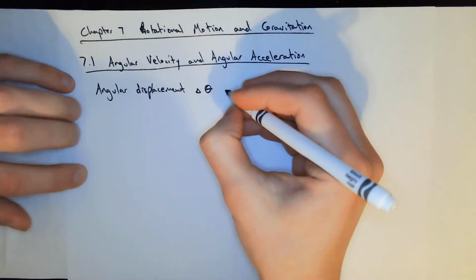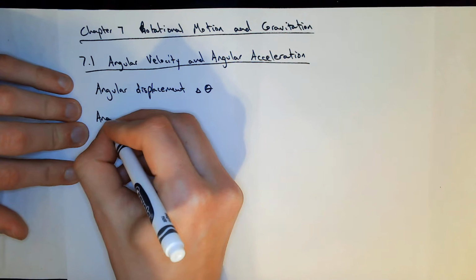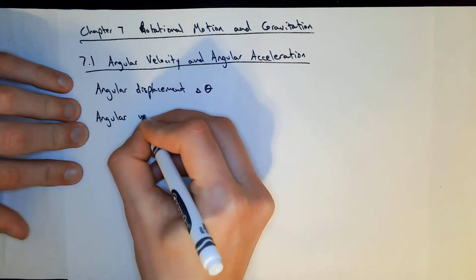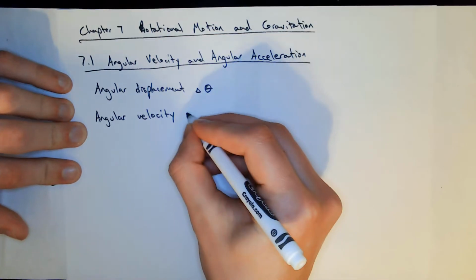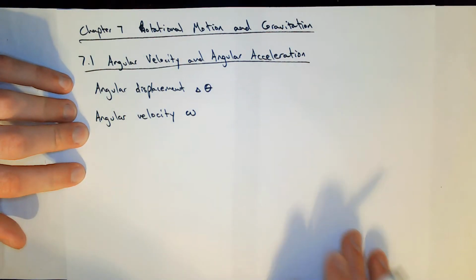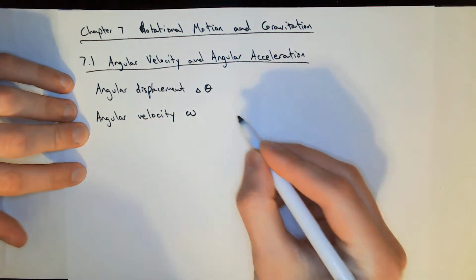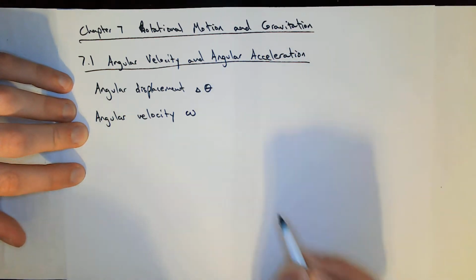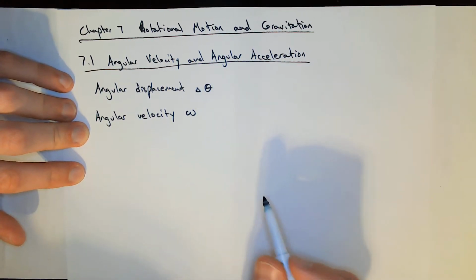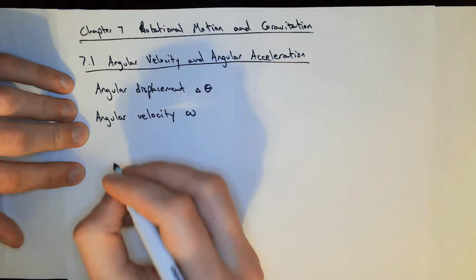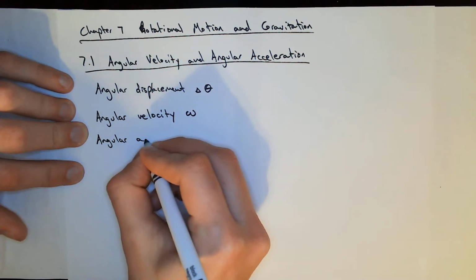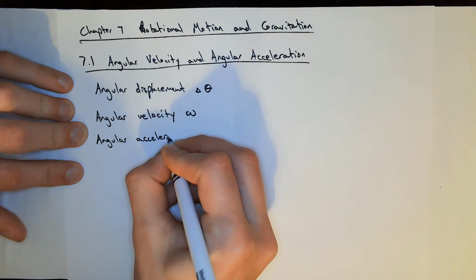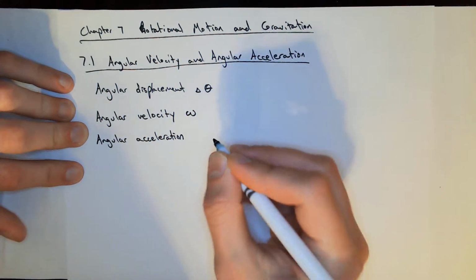We're going to want to talk about angular velocity, for which we're going to use the Greek letter omega, which looks like a W with its upper legs curled in. That's a lowercase omega. And angular acceleration, alpha.